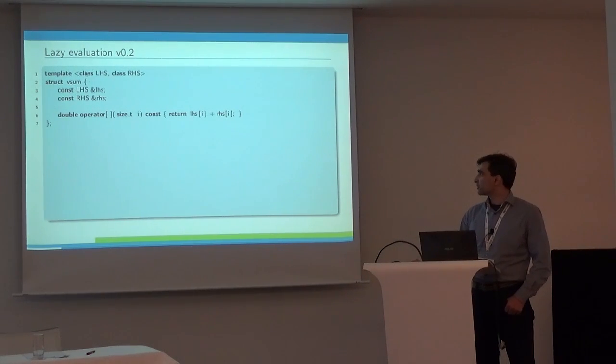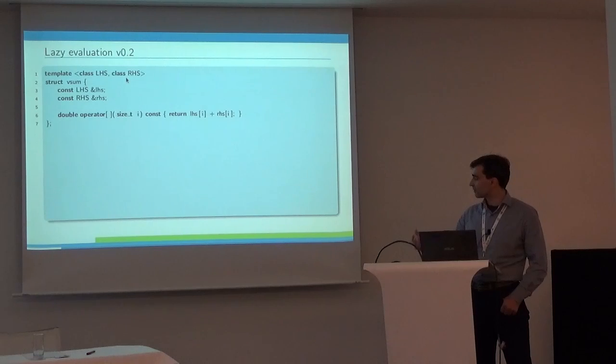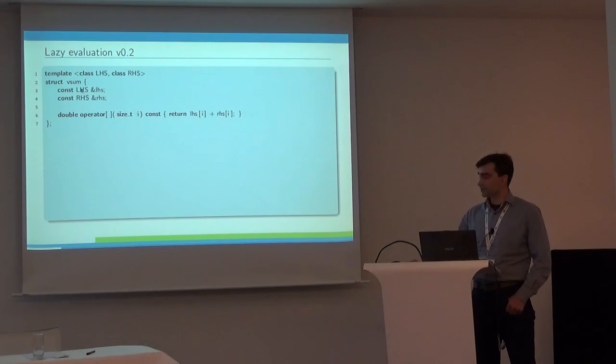So it now has template parameters, the type of the left-hand side and the type of the right-hand side. We hold references to these operands, and we also provide an overload of the indexing operator, which just returns the ith element of the left-hand side summed with the ith element of the right-hand side.